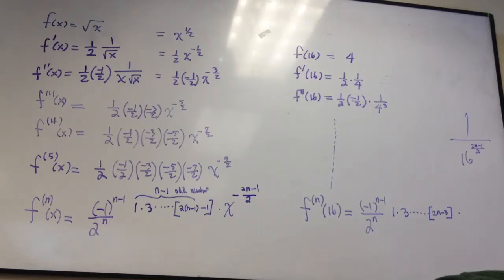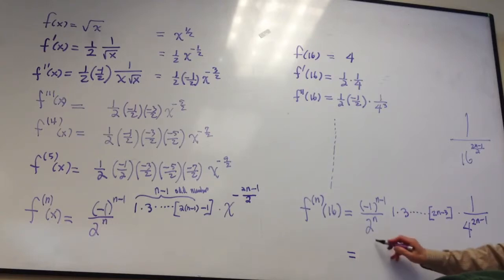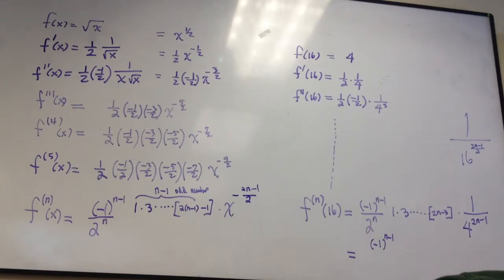So what is that? That will be 1 over 4 to the 2n minus 1. Right? Okay? You can further clean it up. This one would be negative 1 to the n minus 1 power. This guy will be the same as what? 2 to the 4n minus 2.